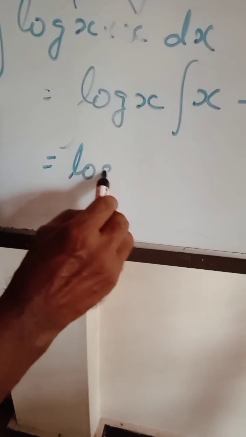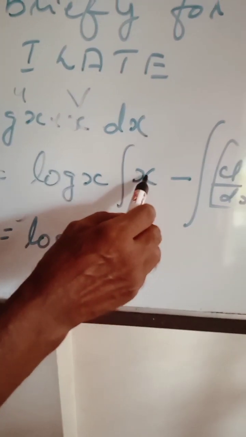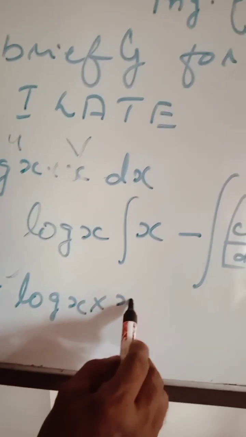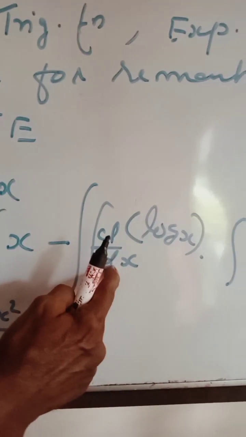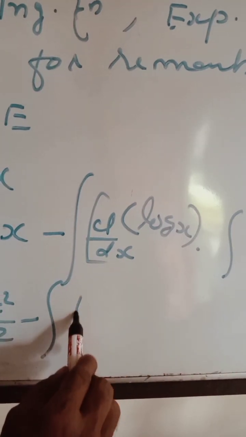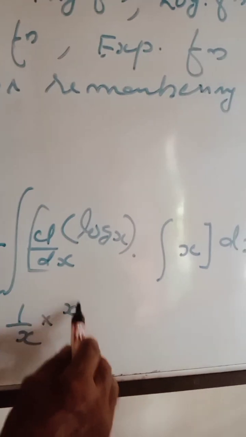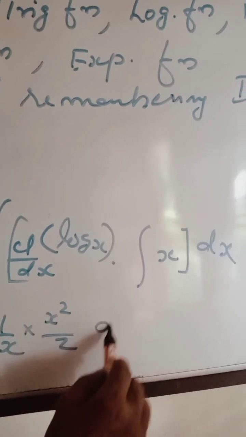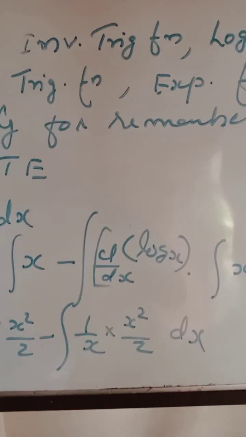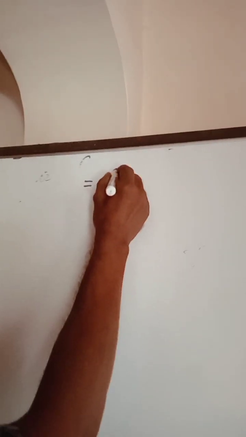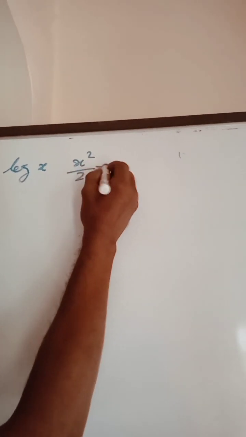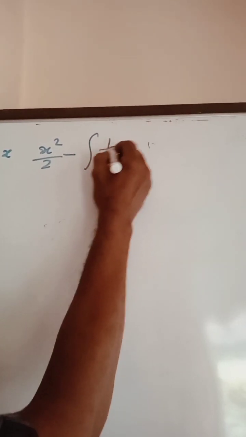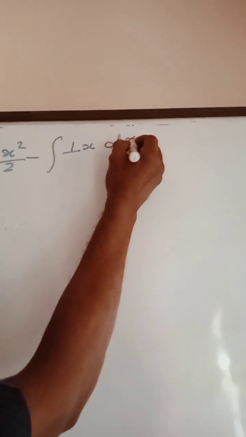That's equal to log x into, we know integration of x is equal to x square by 2, minus integration of, we know d by dx of log x is equal to 1 by x and integration of x is equal to x square by 2 into dx. That's equal to log x into x square by 2 minus integration of 1 by 2 x dx.